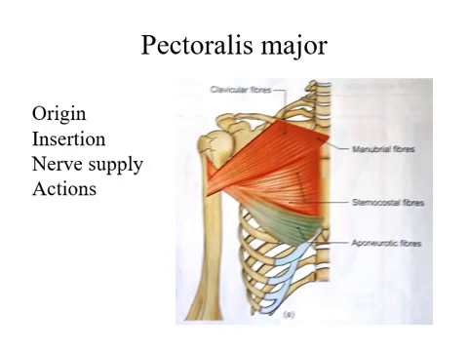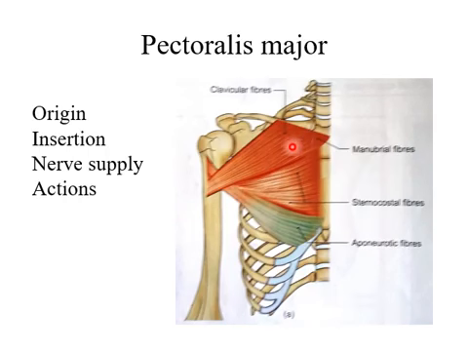Pectoralis major is the largest muscle of the pectoral region. Here you can see the pectoralis major muscle. Whenever you describe any muscle, you have to describe it in four parts: the origin, insertion, nerve supply, and actions of the muscle.